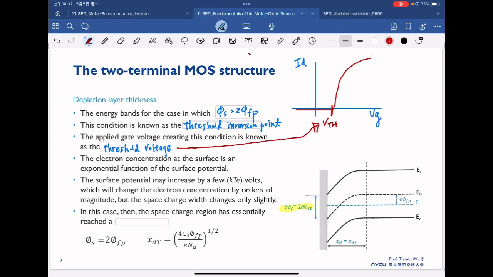So now we will try to understand why in this region we start to have the current increase, and how we determine the threshold voltage here.